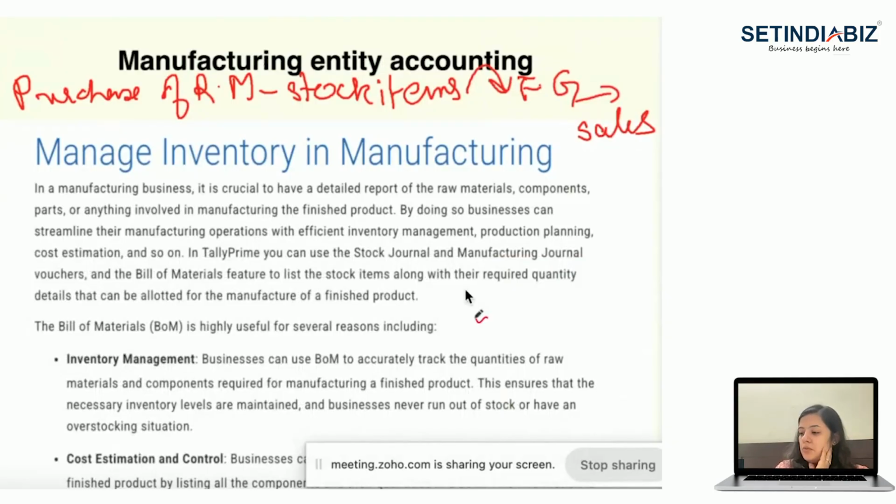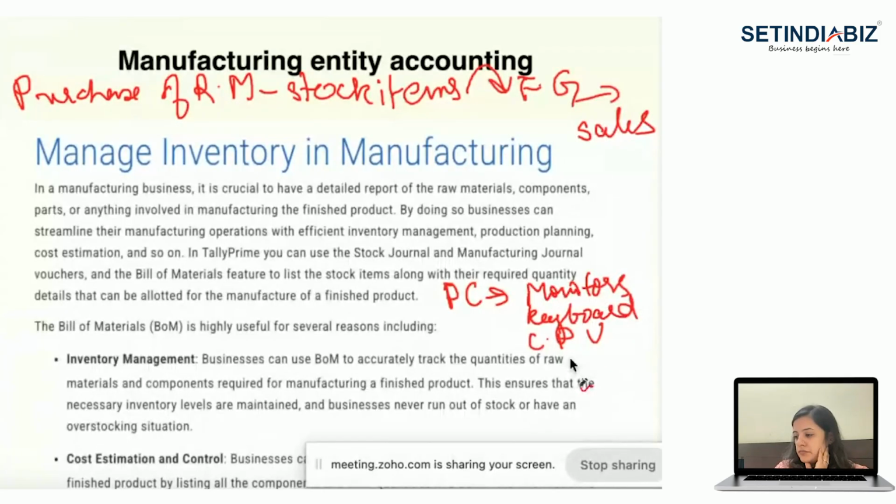For example, I am selling PCs or laptops, and for that I require monitors, keyboard, CPU, that is the processor, and motherboard, whatever. I'm just briefing a little bit. These are the stock items I require to assemble one PC.